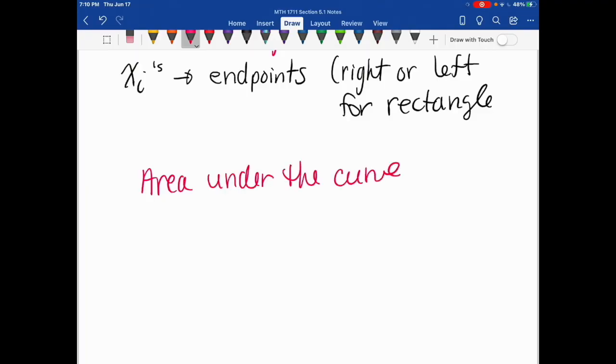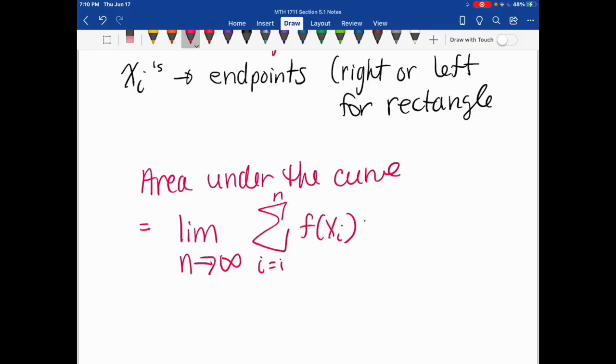So we can say that the area under the curve is equal to the limit as n goes to infinity of the Riemann sums. The Riemann sums give better and better approximations the bigger that we get for n.